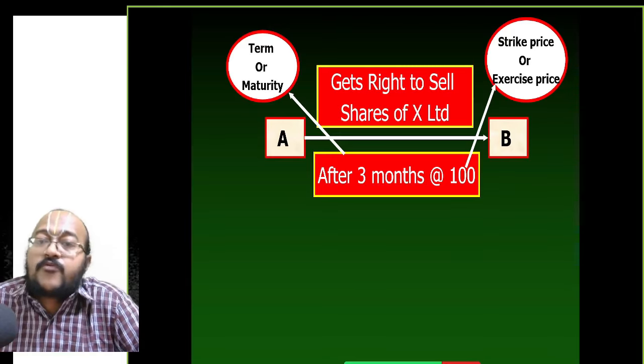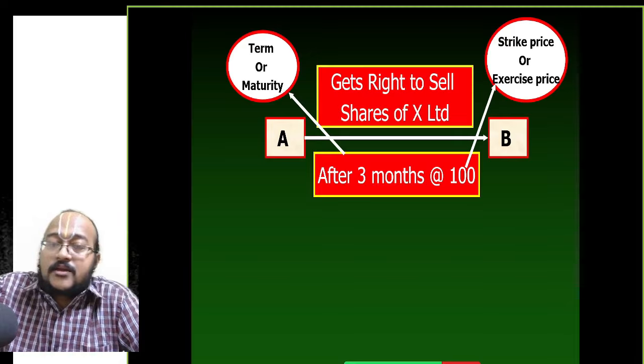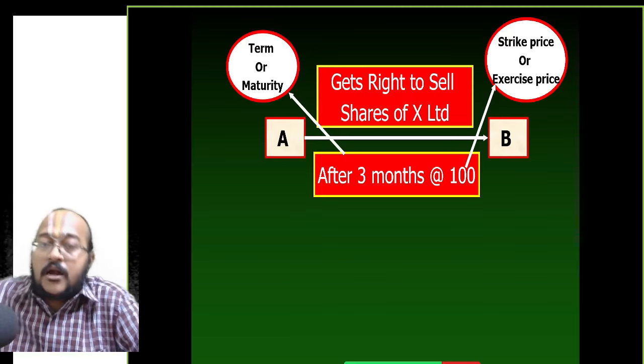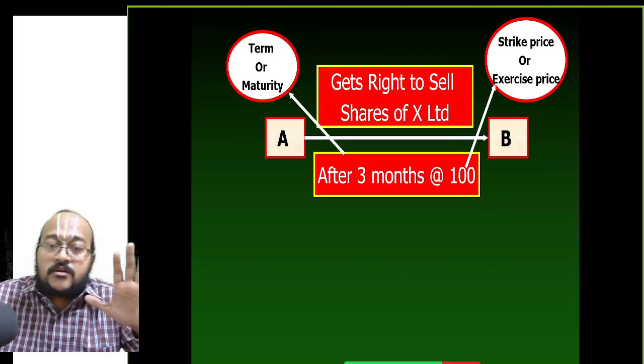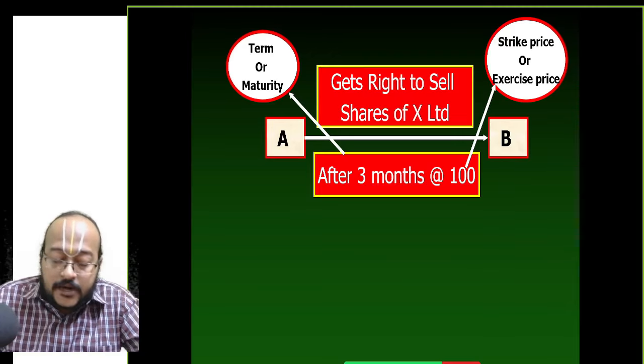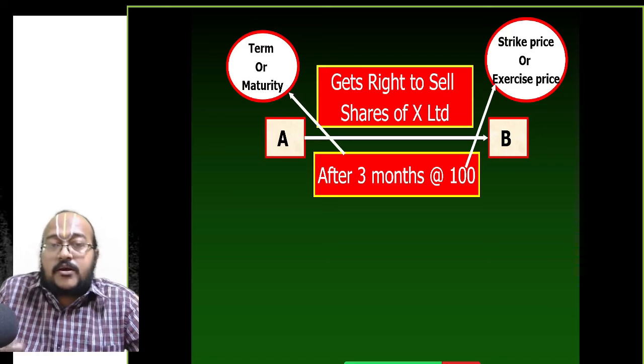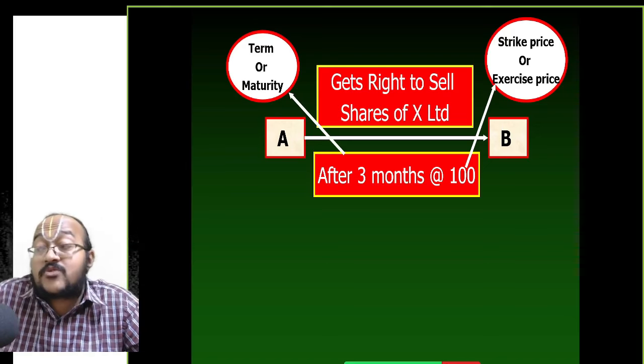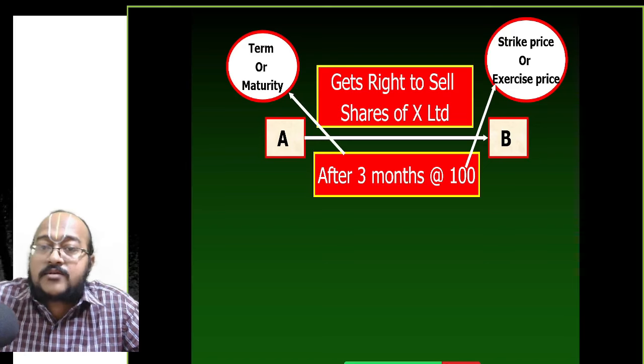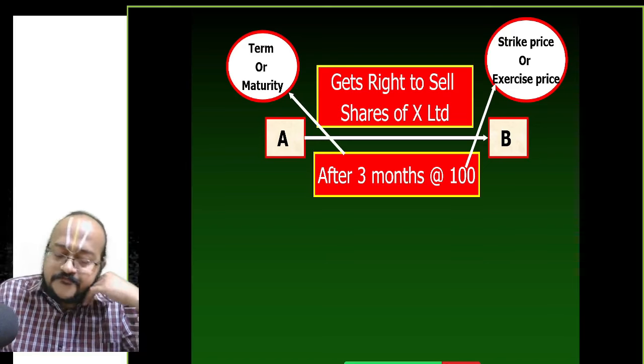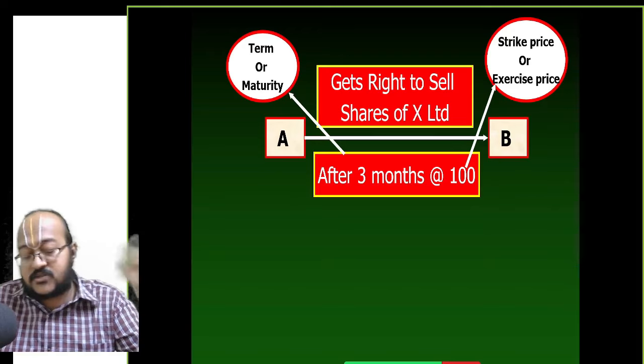Then only you will make profit. That's the difference. Short selling. You will take a sell position today and tomorrow you will buy and close your position. Understood? See. So what he is doing is entering into a contract wherein he will get the right to sell the shares for the agreed upon price, that is the strike price.